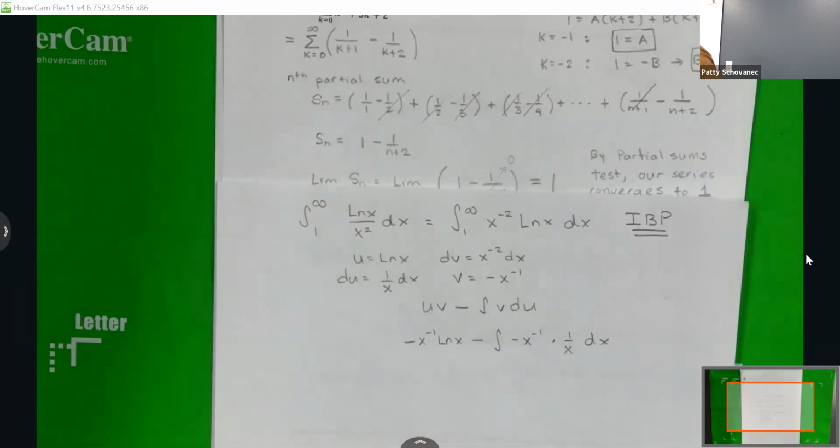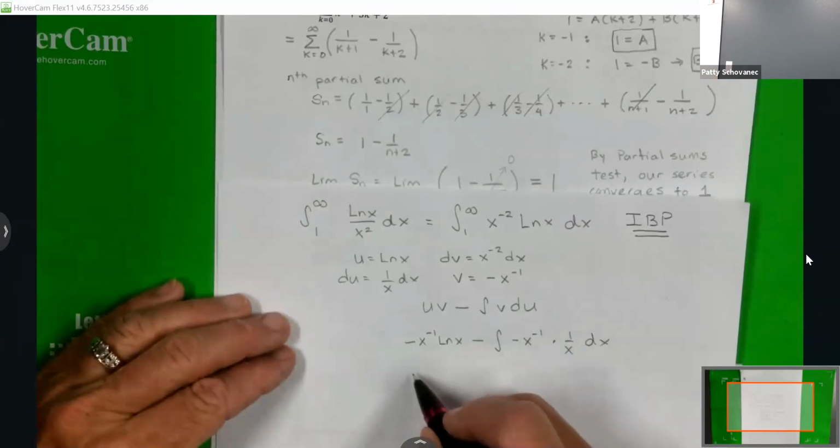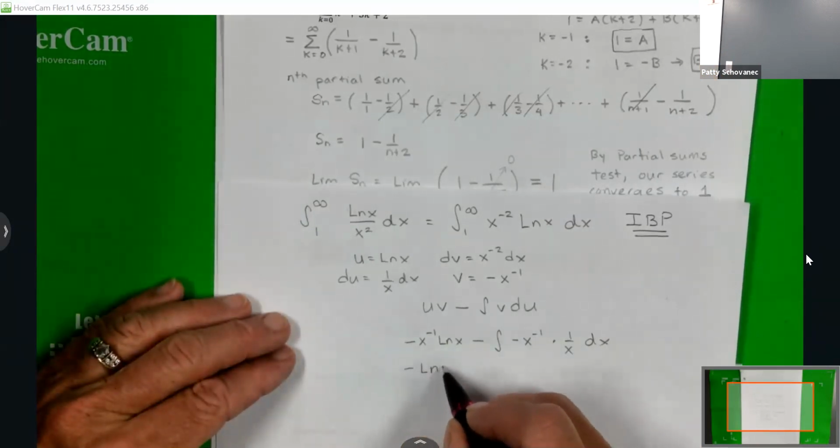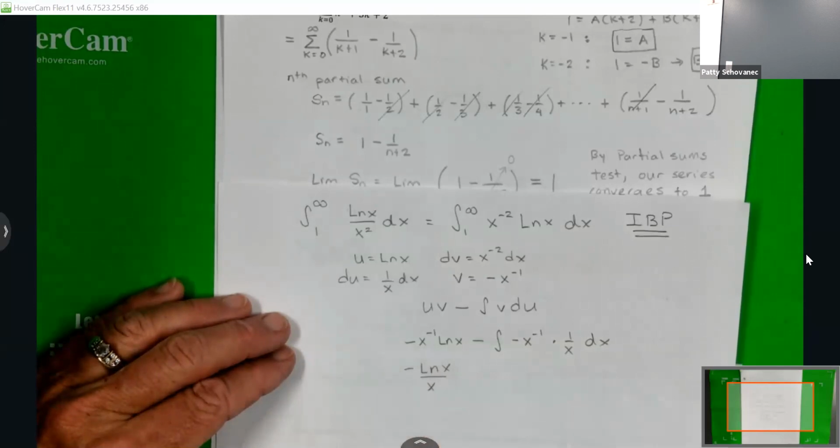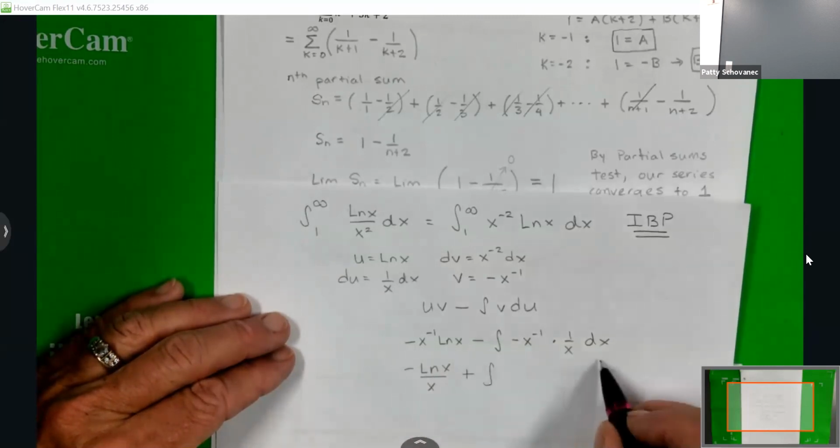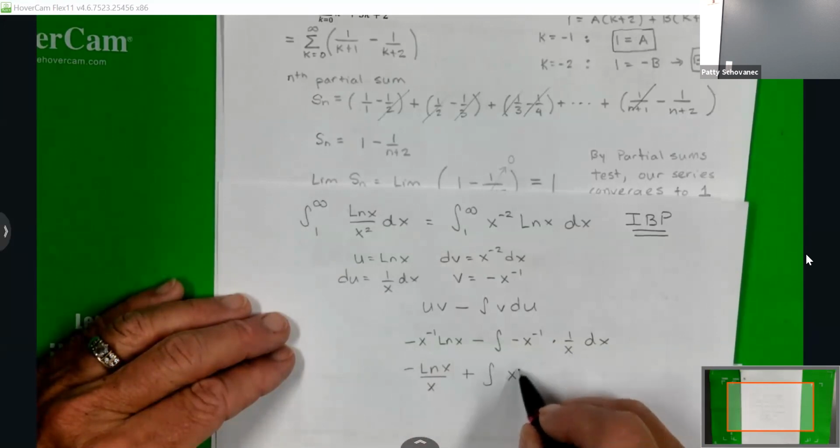I left that pretty sloppy. Let's clean it up. Let's write this as minus the natural log of x over x. Let's put these two minus signs together and give me a plus. X to the negative 1 is a 1 over x. So I have a 1 over x squared or an x to the negative 2 to integrate.